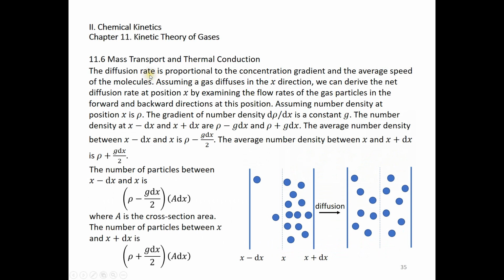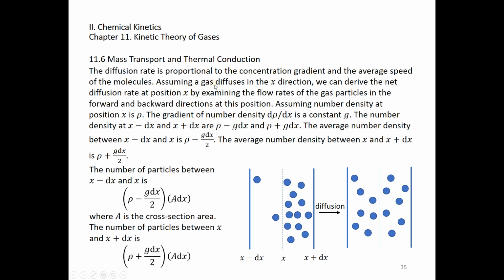The diffusion rate is proportional to the concentration gradient and also the average speed of the molecules. So we will study the diffusion rate and how it depends on the concentration gradient and average speed more quantitatively on this slide.